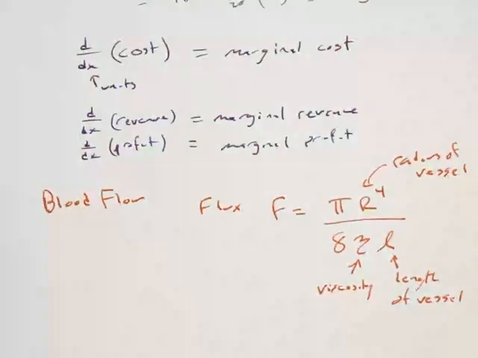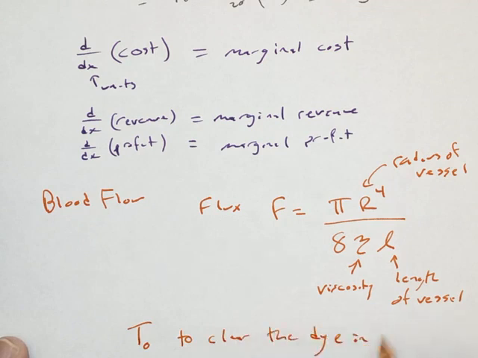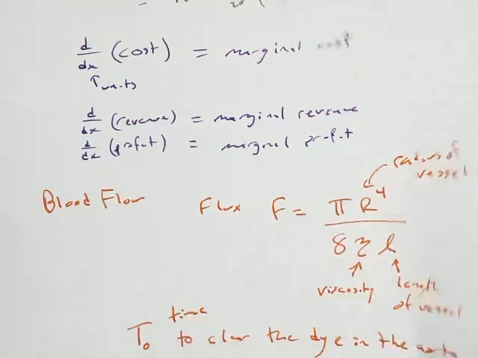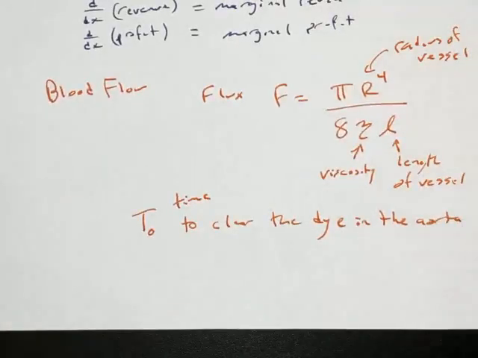But if I'm doing this, I've got to look at all of that dye over time. So let's suppose that it takes a certain amount of time to clear the dye in the aorta. Now, we could measure that in seconds, minutes, hours, depending on the amount of dye we put in, but there's a concentration function here.